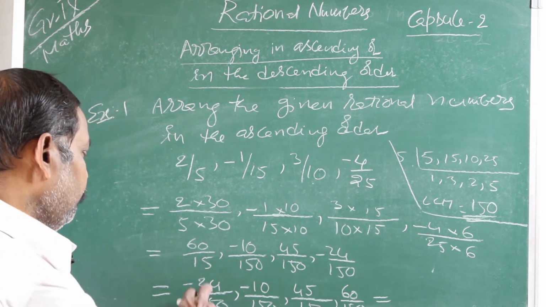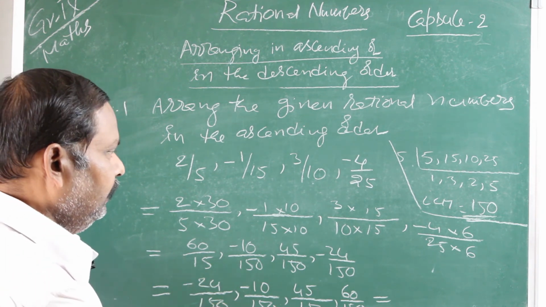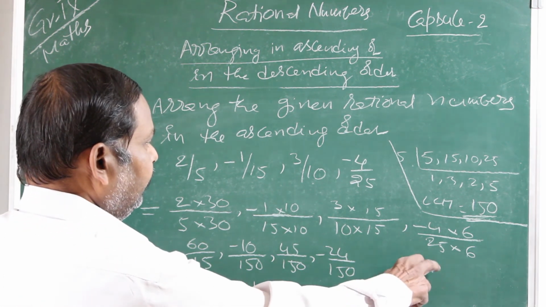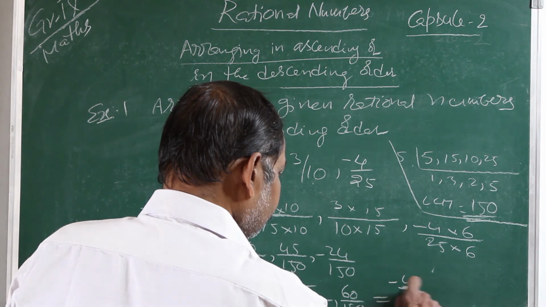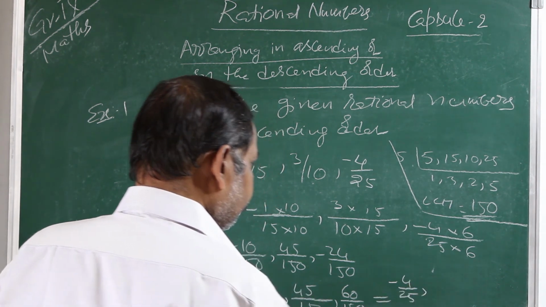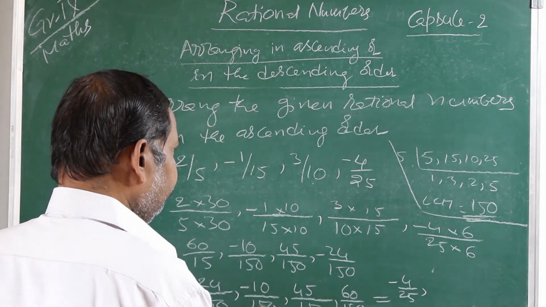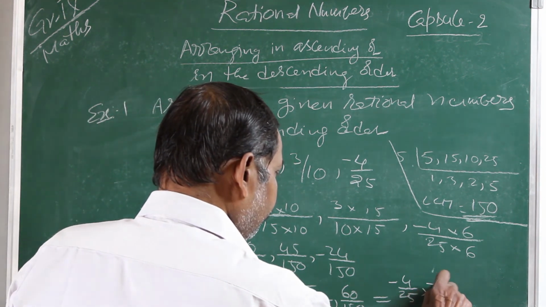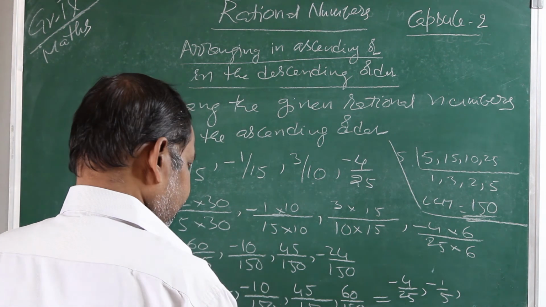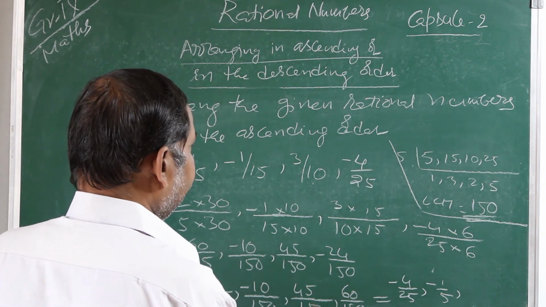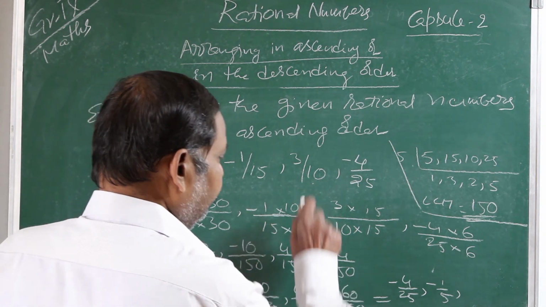Now minus 24 by 150 is nothing but minus 4 by 25. Minus 10 by 150 is nothing but minus 1 by 15. Next, 45 by 150 is nothing but 3 by 10.